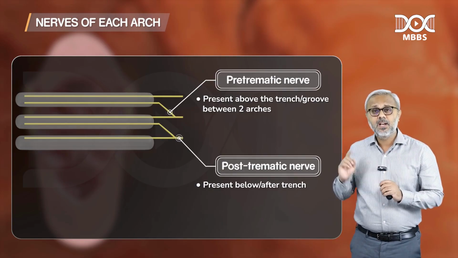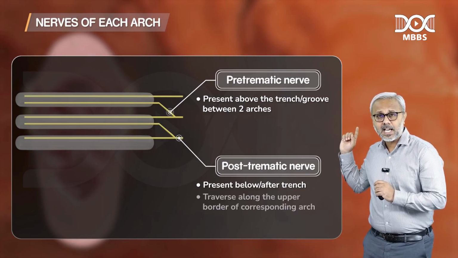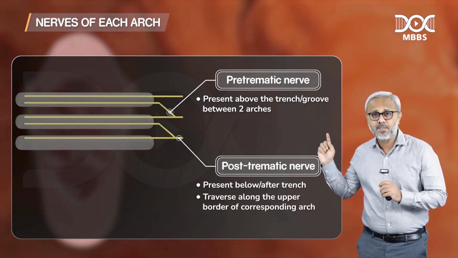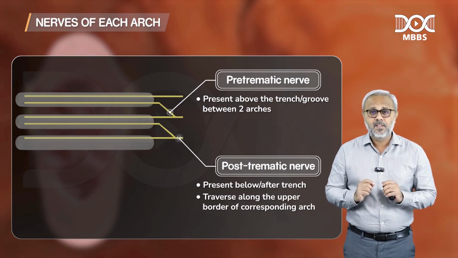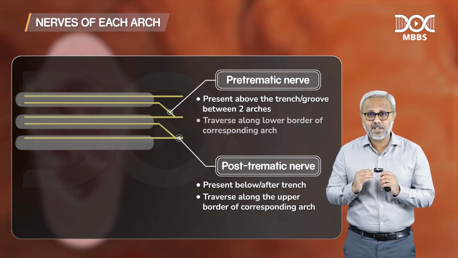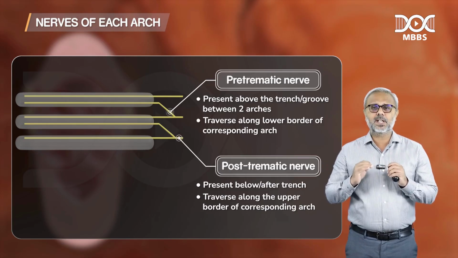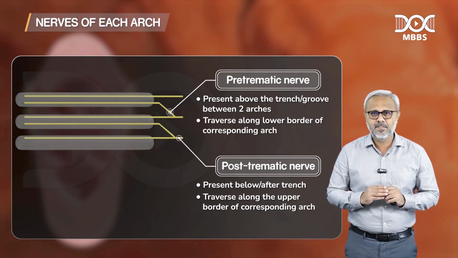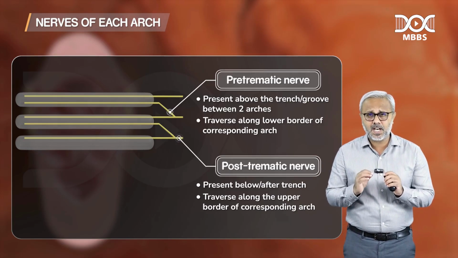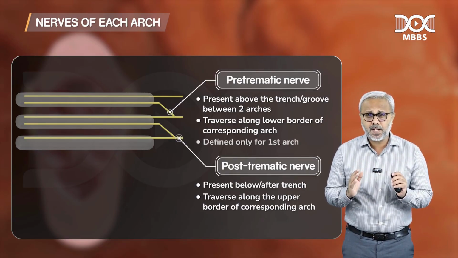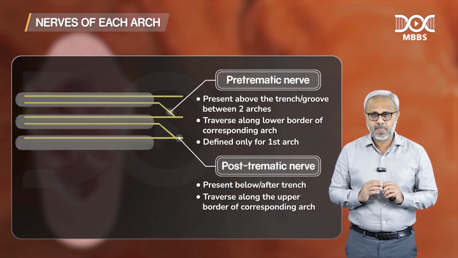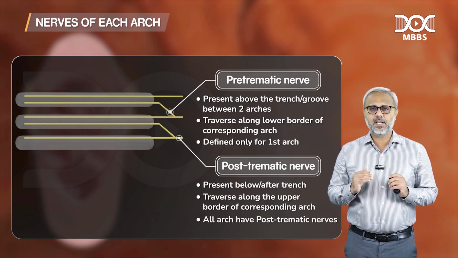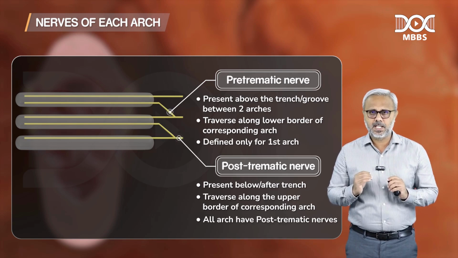So, usually posttrematic nerves will traverse along the upper border of the corresponding arch, whereas the pretrematic nerve will traverse along the lower border of the corresponding arch. Fine. Except for the first arch, we usually do not define the pretrematic nerves. So, for every arch, what we have is the posttrematic nerve.